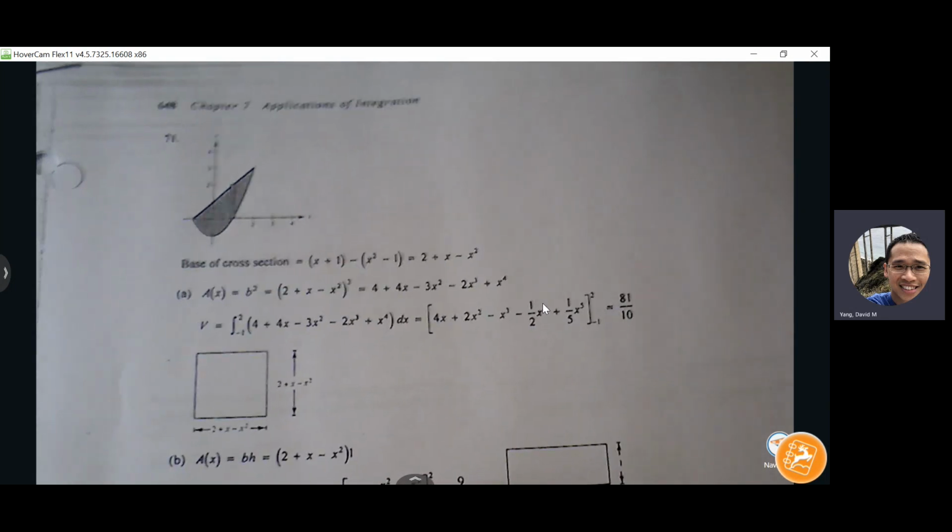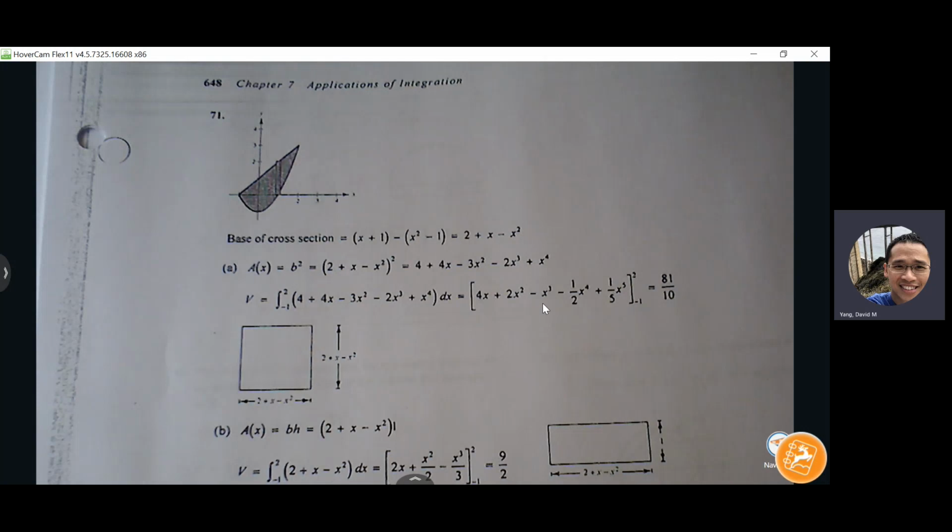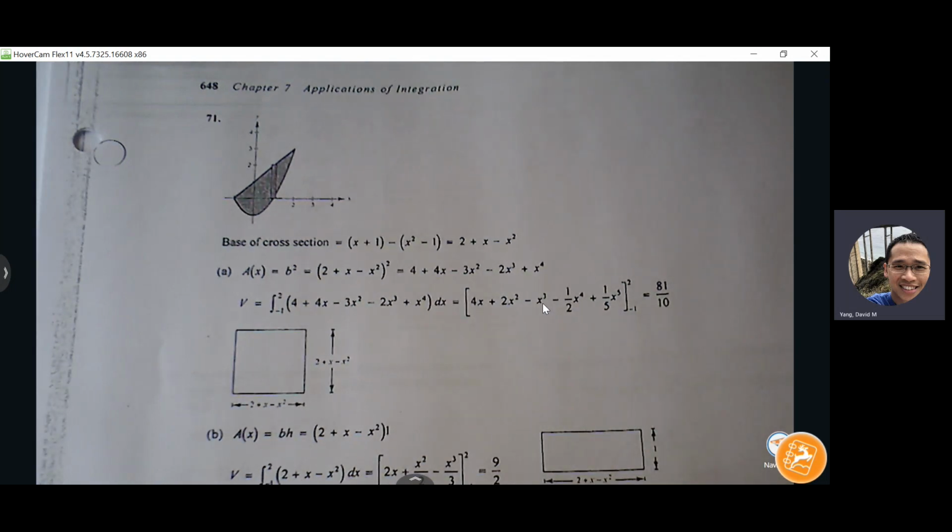So the homework, I think 71 is pretty straightforward once you can understand what this is: top minus bottom. Part B was a rectangle.